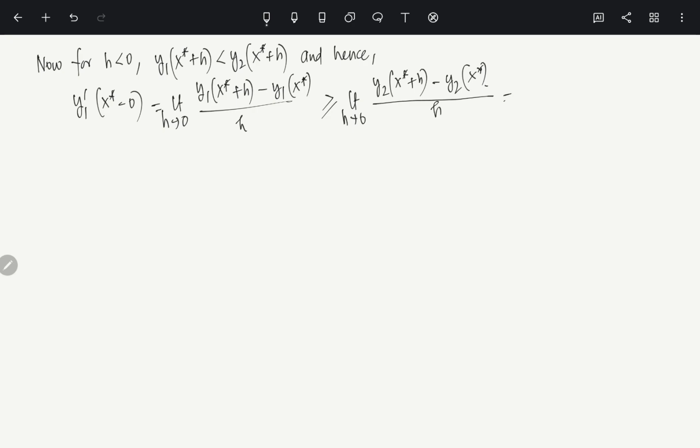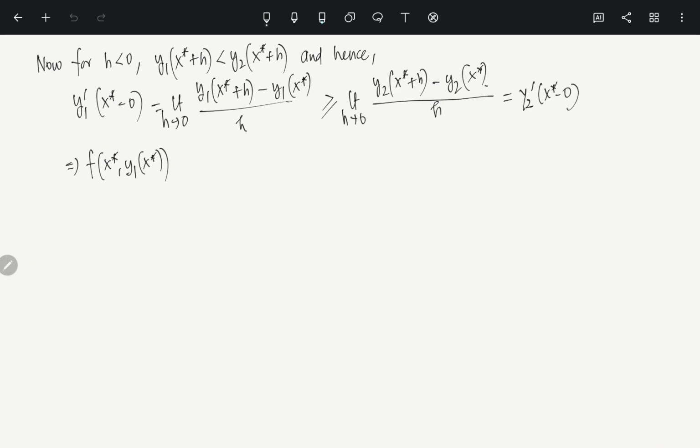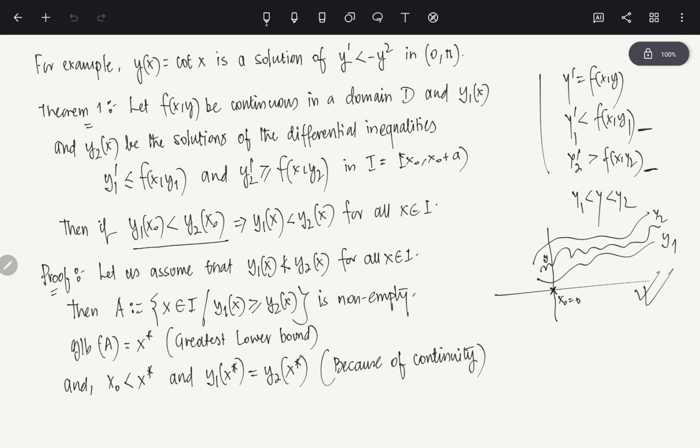Now what is it? This is nothing but y2 prime at x star minus 0. Right? So what is y1 prime at x star? It is nothing but f of x star, y1 of x star. See, y1 prime is dominated by f of x, y1, and y2 prime dominates f of x, y2.